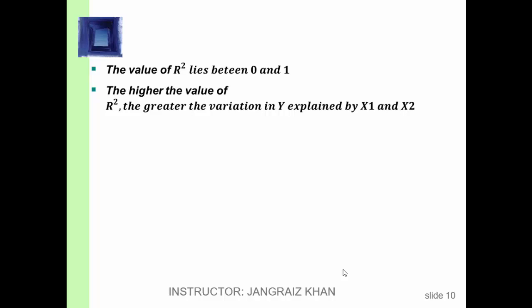The value of R square lies between 0 and 1, and the higher the value of R square, the greater the variation in y explained by x1 and x2.